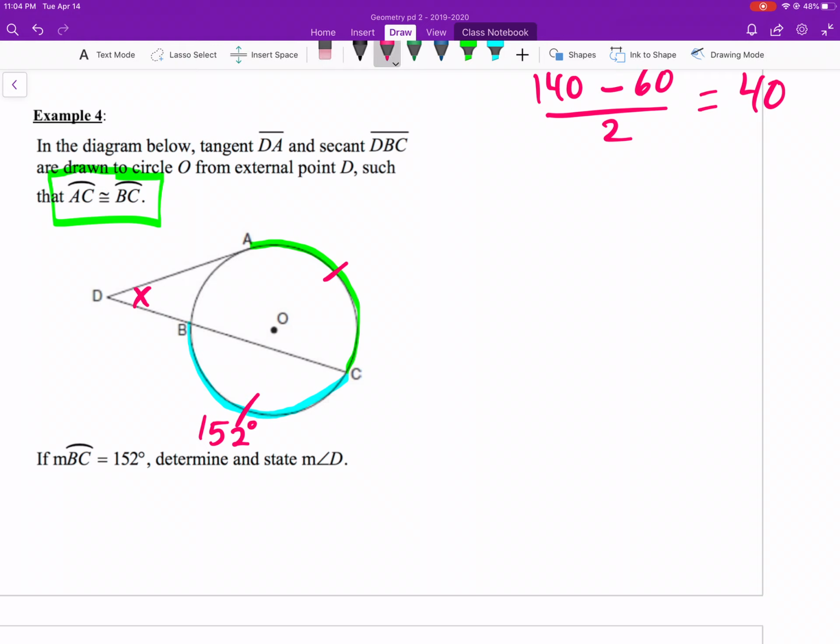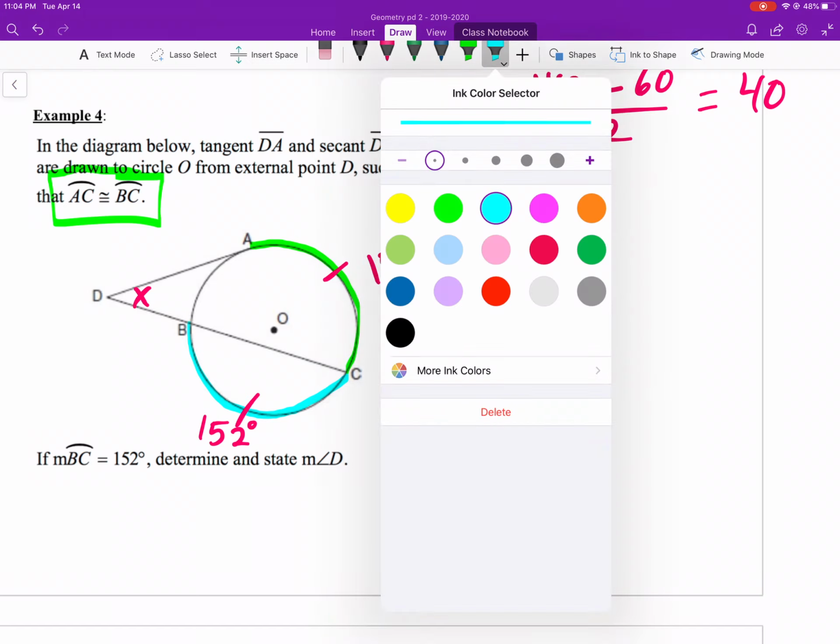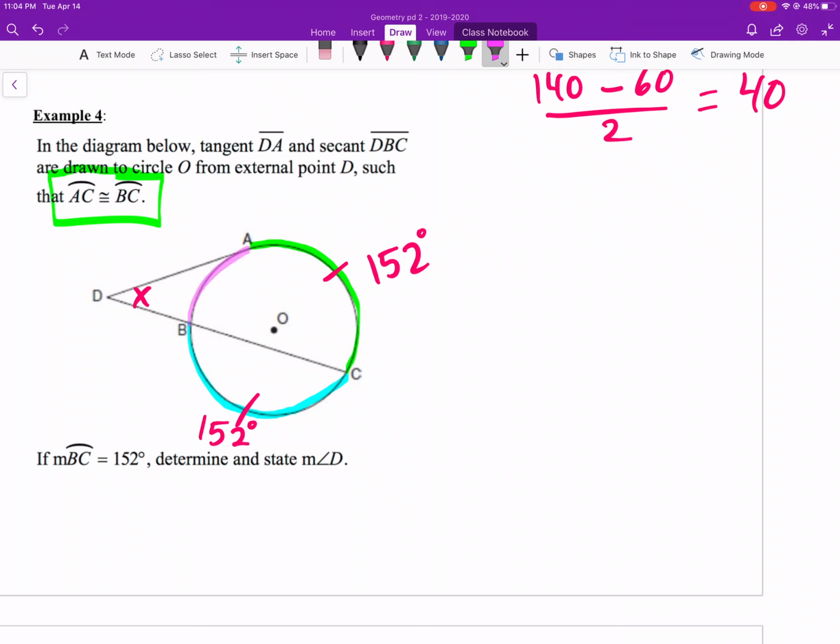Well, you know that they said in the problem the arcs are equal, so this has to be 152. 152 and 152, they're congruent to each other. That's the major arc. Now the minor arc here, how would you find that minor arc? Well, guys, if we go around, in total, we have 152, 152, and a little bit extra to complete the circle in its entirety.